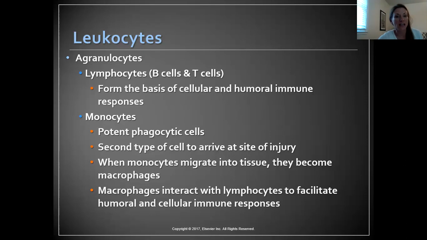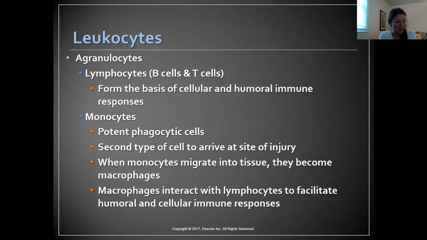Agranulocytes include lymphocytes and monocytes. Lymphocytes are B cells and T cells, and they form the basis of cellular or humoral immune responses. Monocytes account for only about 4 to 8% of white blood cells, and they are phagocytic cells that ingest small or large masses of matter such as bacteria, dead cells, tissue debris, and old or defective red blood cells.